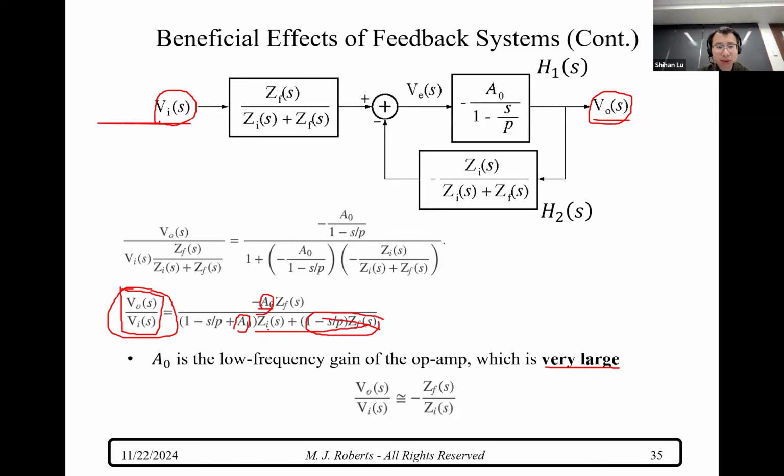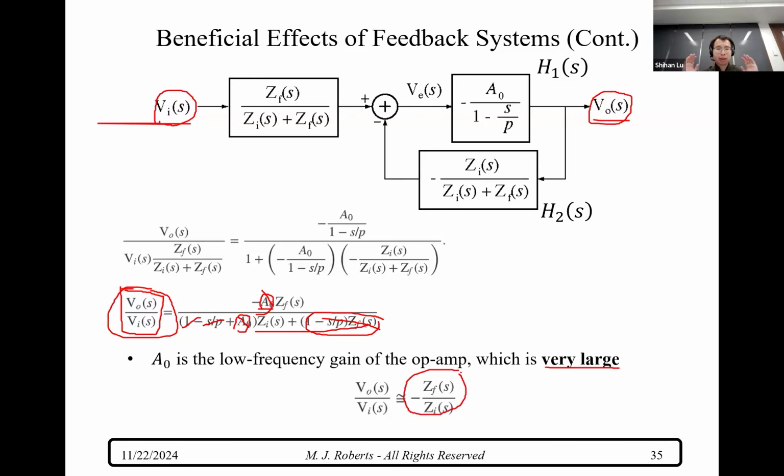Because A naught is extremely large, the effect from the second term can be ignored. And also, these two terms can be ignored because A naught is large. So if you cancel out the A naught in both the denominator and the numerator, you will just be left with the ZF of s and the Zi of s.